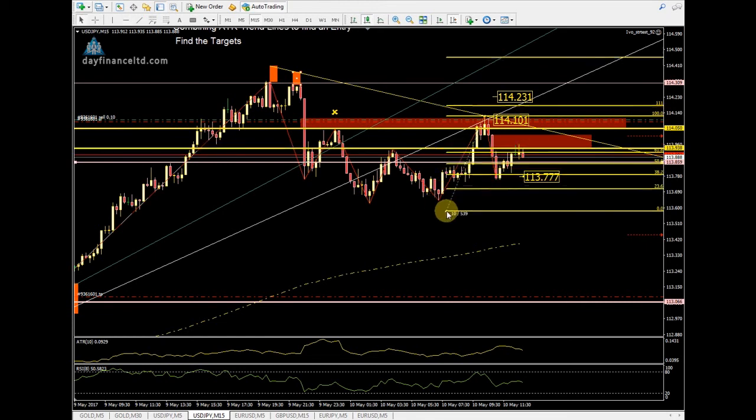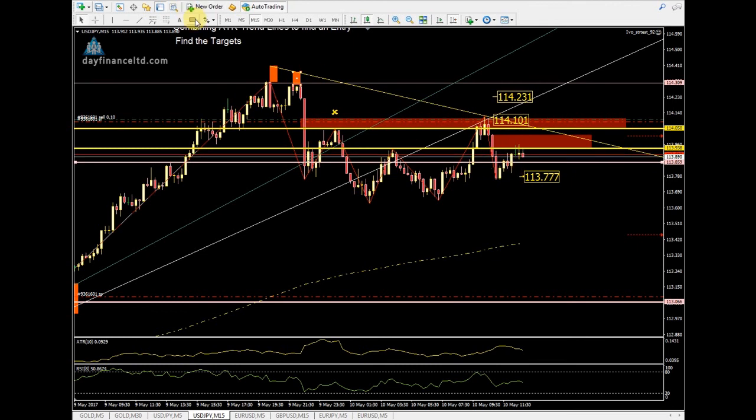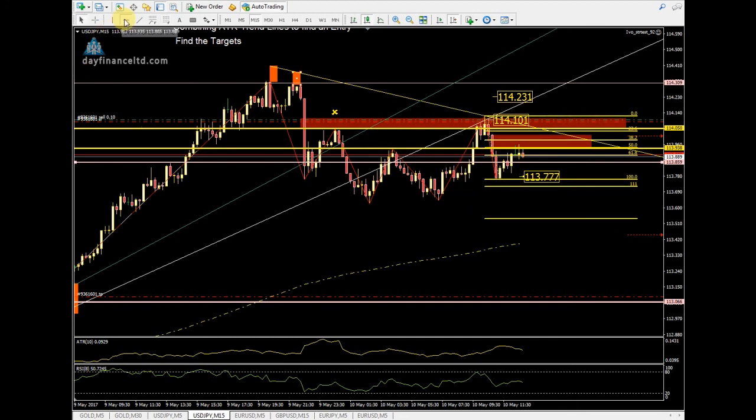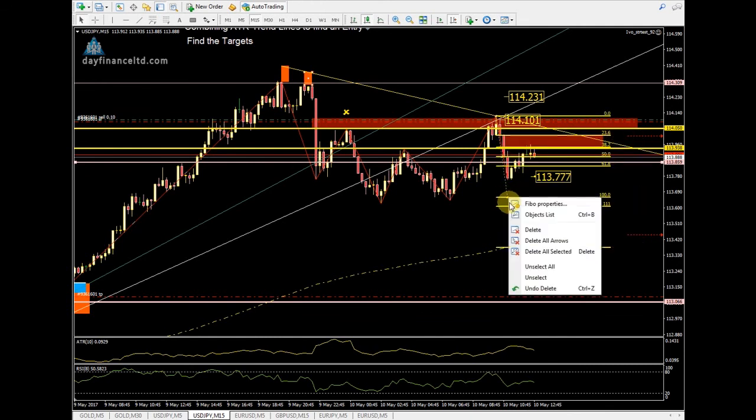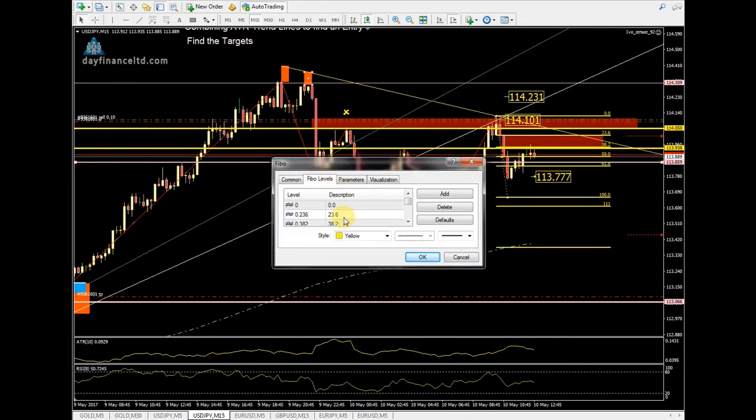About the fibs, I'm not talking about this because there is so much information on the web, so you can make your own research. And for the targets, I will find my first target again on the low at the 100%, and then at the 1.618 will be my second target.